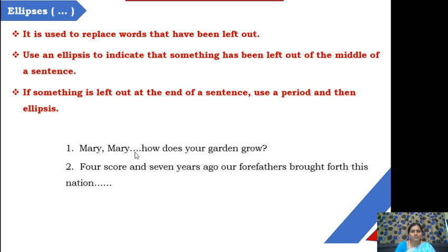Here we called the person and took a little gap and then we questioned. "Seven years ago, our forefathers brought forth this nation..." and we just left it without completing. So when we leave something without completing, to indicate that, we use this ellipsis.